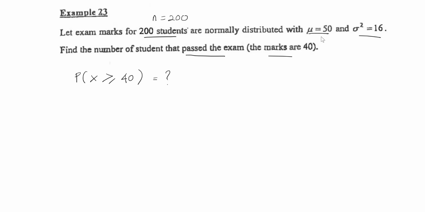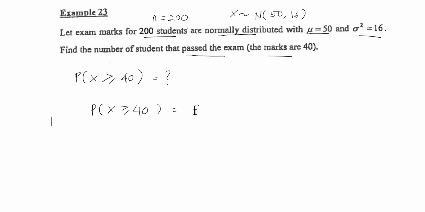So what is the probability? This is normally distributed, so we have a normal distribution with mu equal to 50 and variance 16. We have to calculate the probability when X is greater than or equal to 40.